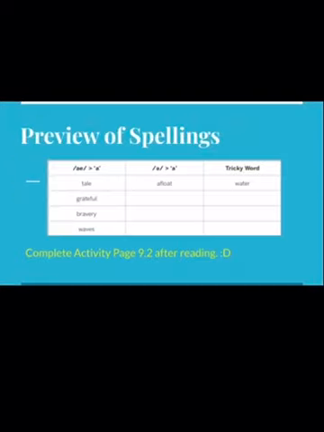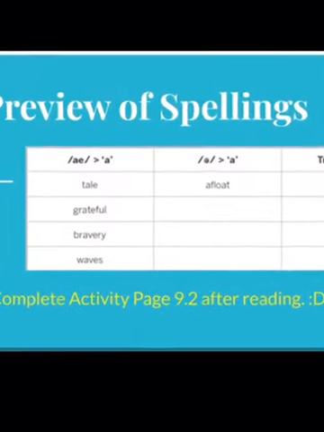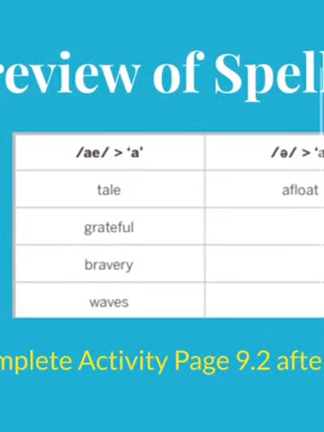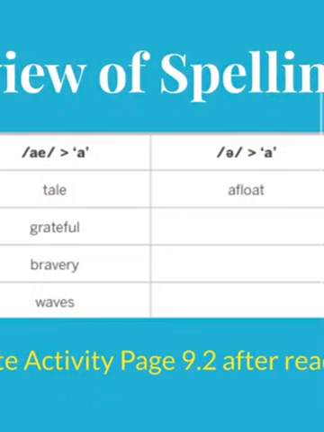Okay, moving on. Let's review the spellings that we're going to see in our read aloud today. In our first column, we have the letter A, representing that A sound. Let's go ahead and read the first 4 words together. Tail, grateful, bravery, waves. Next column.